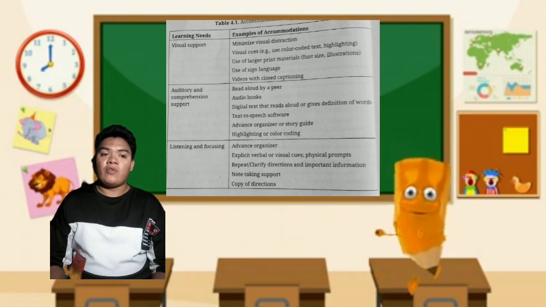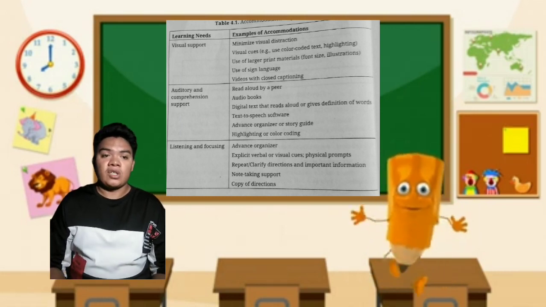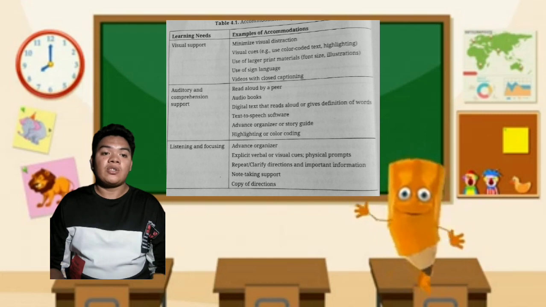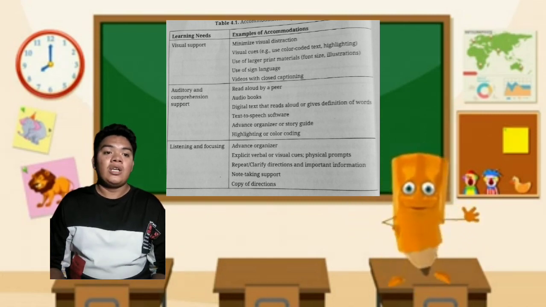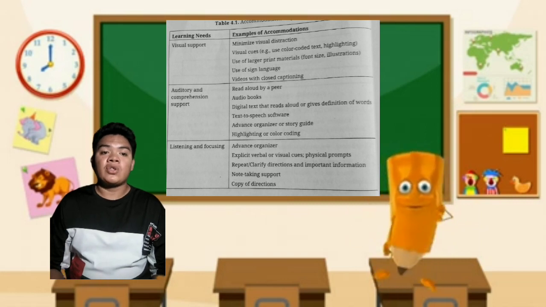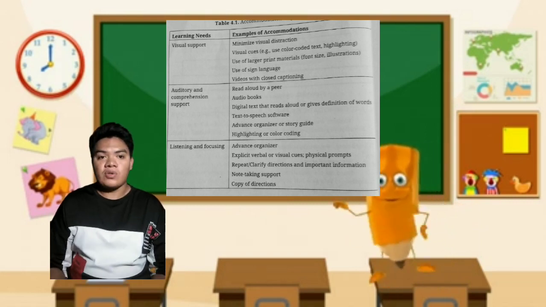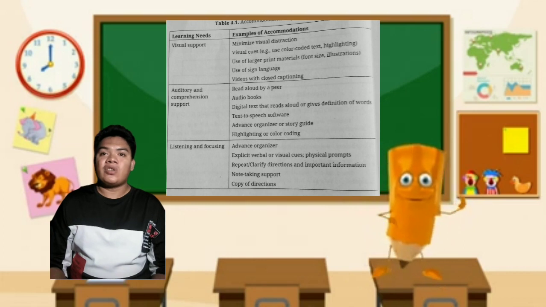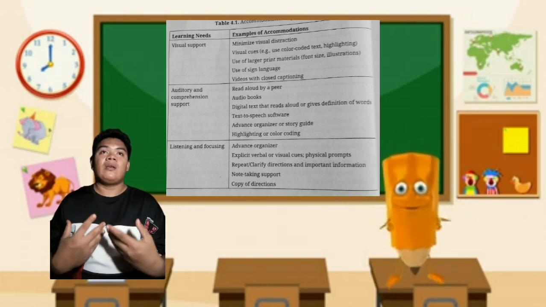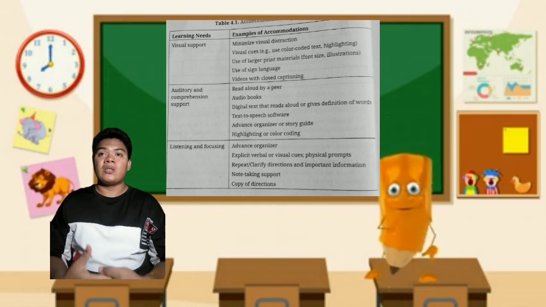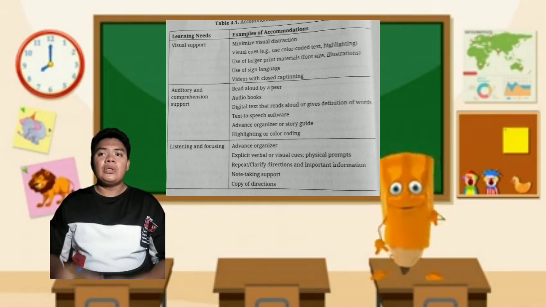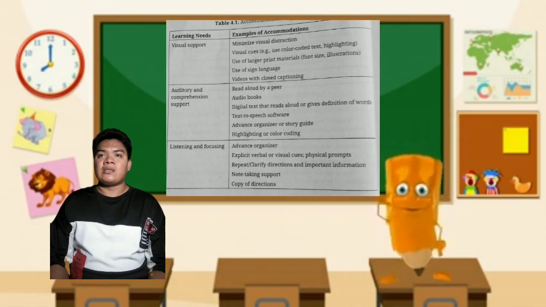An example of this is minimizing visual distraction and visual chaos, for example the use of color-coded text or highlighting, and the use of larger print materials. For example, the font size or the illustration must be made so that the student can easily look at the presentation.